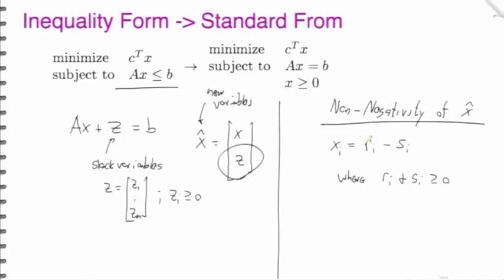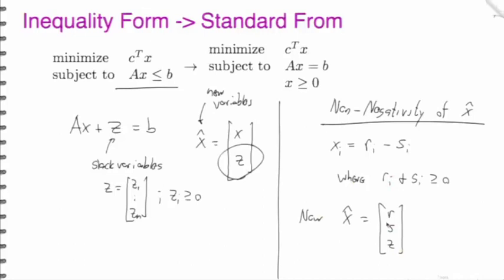Remember, this is greater than or equal to 0, this is greater than or equal to 0, but the difference may be less than 0 with this combination. All right, so that's it. I just replace the variable x with two new variables. That means my x hat is equal to the vector r, the vector s, and the vector z. All right, so this is our new vector.